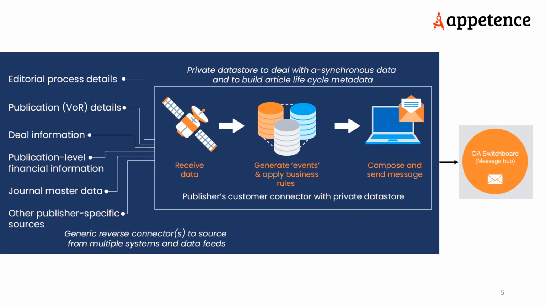So we collect it, we receive the data in the custom connector. And if the data comes in asynchronous, then we also need to store it in the private data store in order that we can actually combine it. Then we generate the events, we apply business rules, and ultimately we compose and send messages.